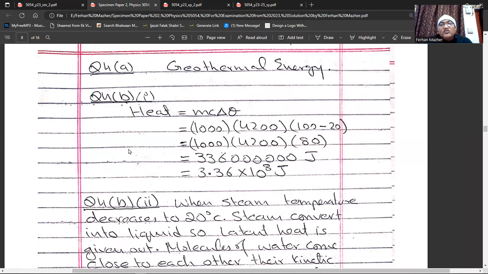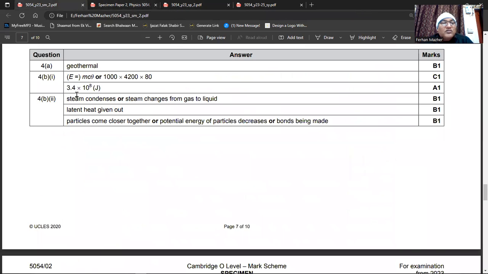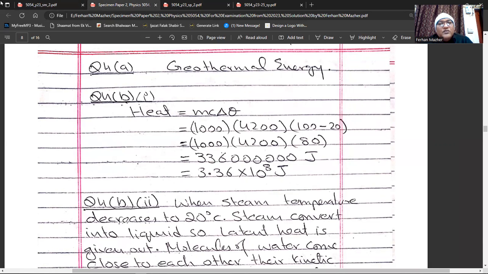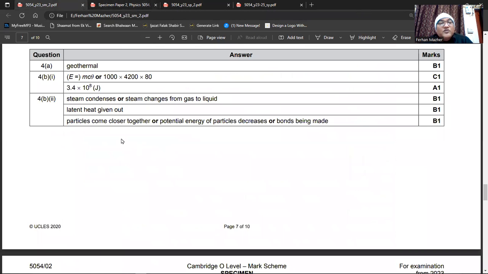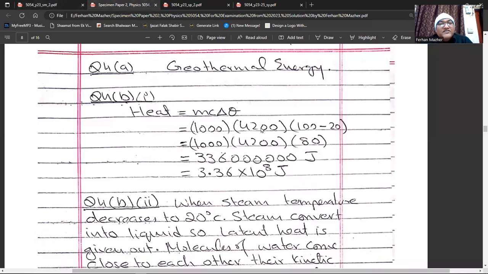So it will be 1000 multiplied by 4200 multiplied by, in brackets, 100 minus 20, which is the change in temperature. So it will be 1000 times 4200 times 80, which is 3.36 times 10 to the power 8 joules, approximately 3.4 times 10 to the power 8 joules. Our answer is right.